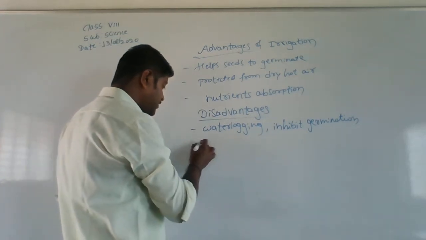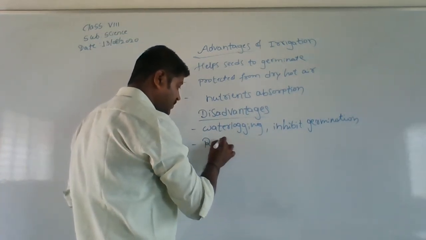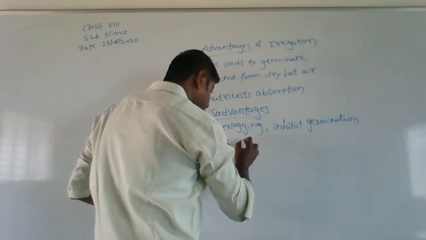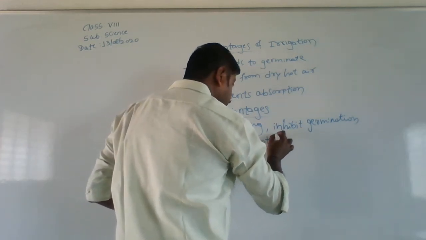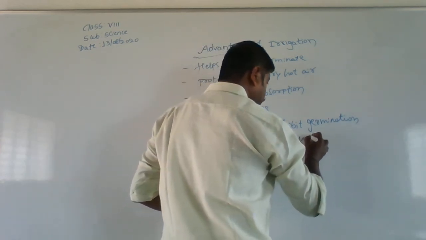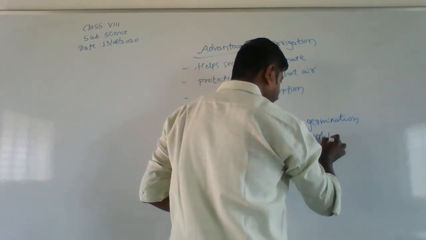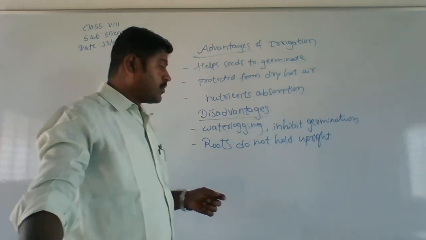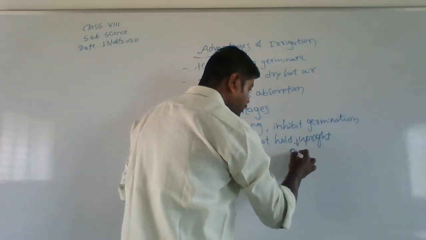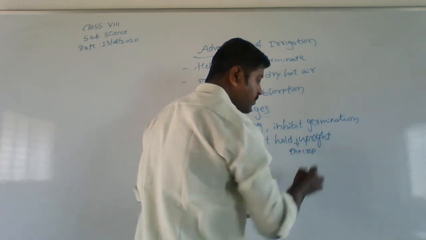And the second one is that roots do not hold the crop upright.